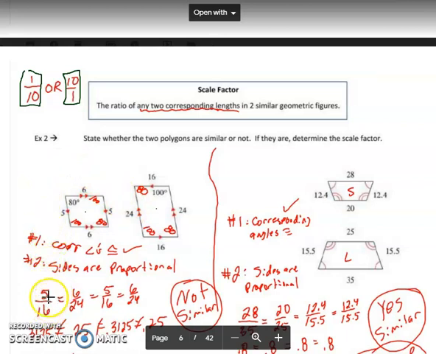If you looked at it as 16 goes with 5, then all of these would just be flipped, and that's still perfectly fine. You'll just end up with a slightly different value, but if the sides are all proportional, that value should be the same for all of them. We'll talk about that in a moment.